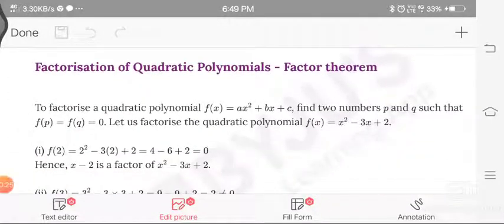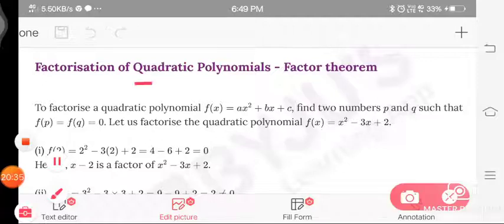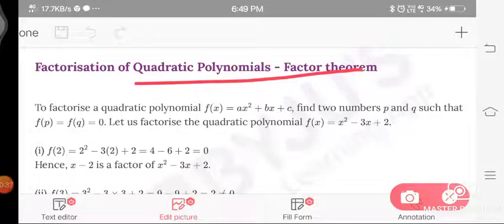Okay, now factorization of quadratic polynomials by the factor theorem. How can we factorize a quadratic polynomial by the factor theorem?